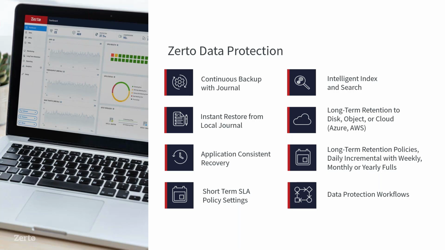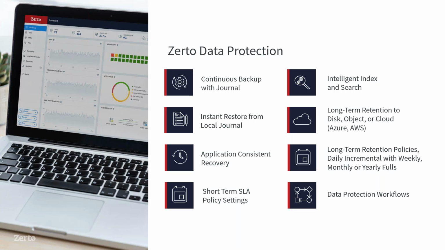It includes capabilities to instantly restore from that local journal, and application consistent recovery using our application consistency grouping. It allows you to set short-term SLA policy settings for the journal, and long-term retention policies, offloading that data for many years to more cost-effective storage, be it on premises or in the cloud.